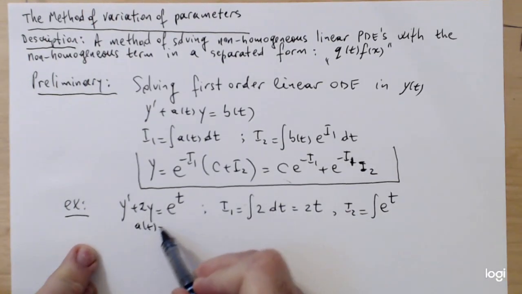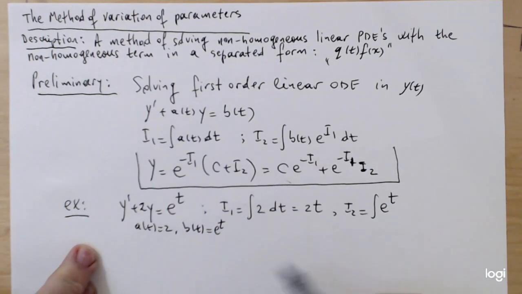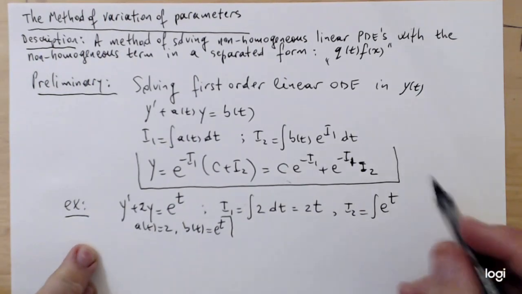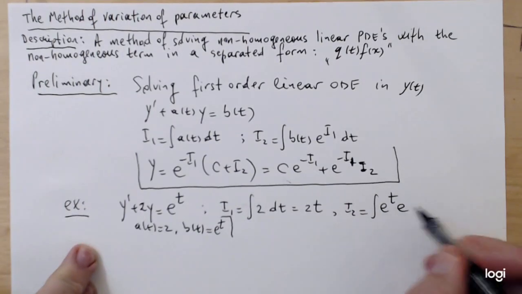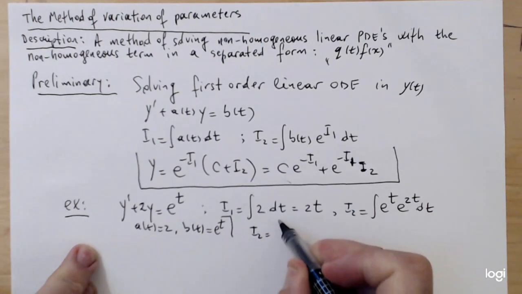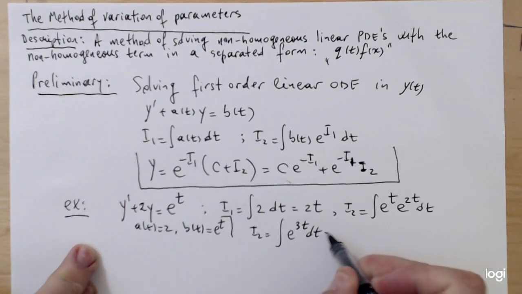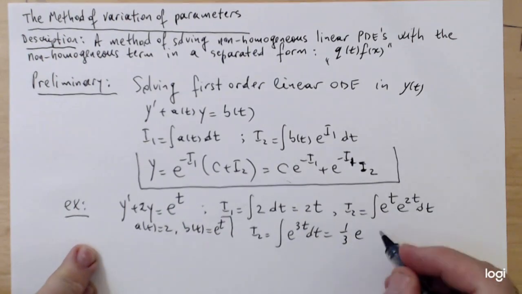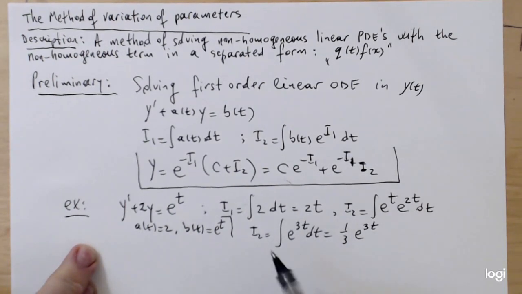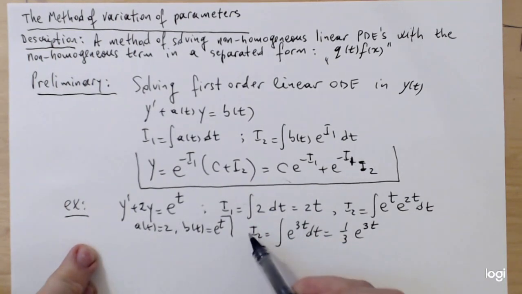A of t is 2, B of t is e to the t, if you want to match it with the notation in the formula. So it's e to the t times e to the 2t. Combining these exponentials gives me e to the 3t, and so the antiderivative is 1/3 e to the 3t. Don't bother to add the constant of integration, that's built into the formula.